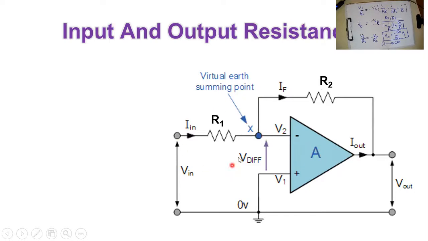So I am calculating now the input resistance from the source point of view, and the output resistance from the output point of view. So let's now start investigating how to calculate the input resistance and the output resistance for an inverting operational amplifier.